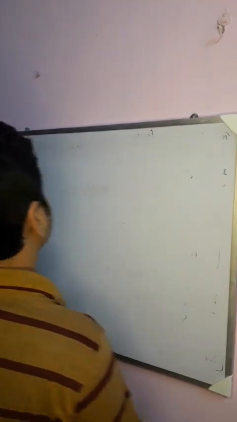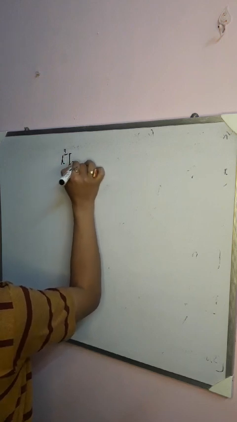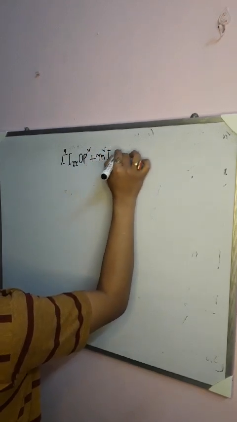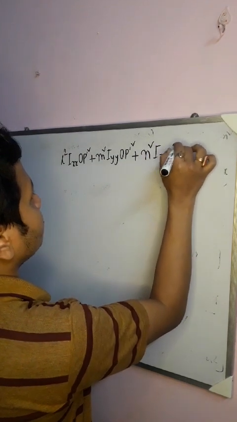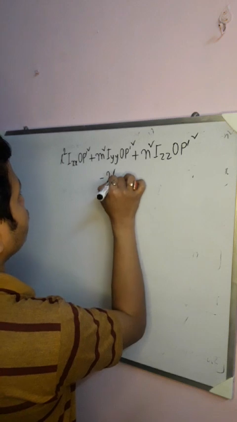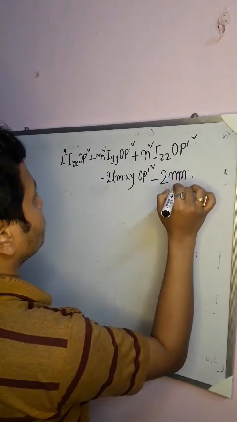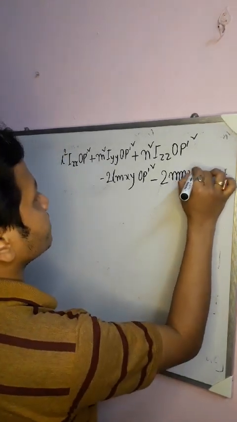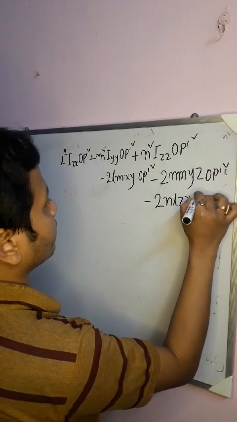If we substitute the value of I, then l square Ixx OP dash square, m square Iyy OP dash square, n square Izz OP dash square, minus 2 lm Ixy OP dash square, minus 2 mn Iyz, minus 2 nl Izx, there will be OP dash square term.